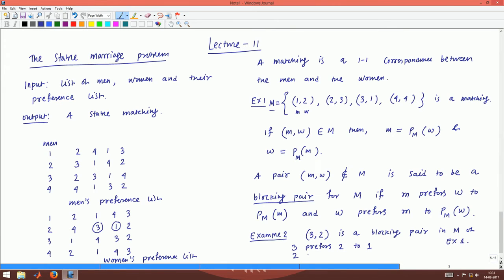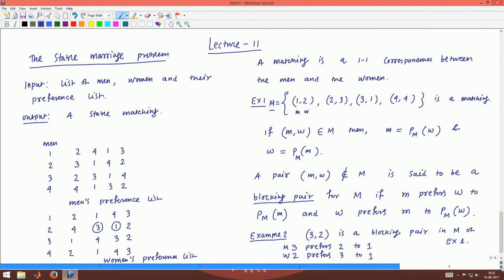So, woman 2 prefers man 3 to her matched partner, man 1. That is why (3, 2) is a blocking pair.